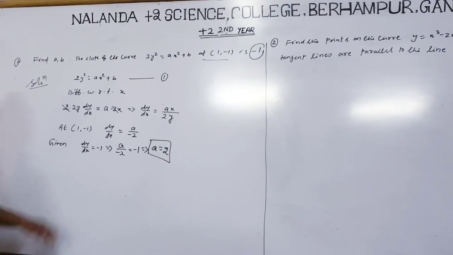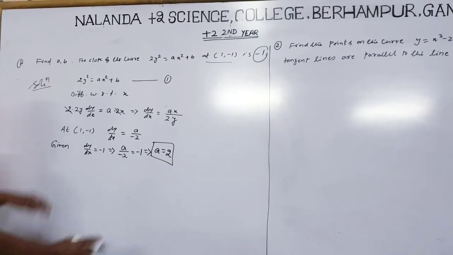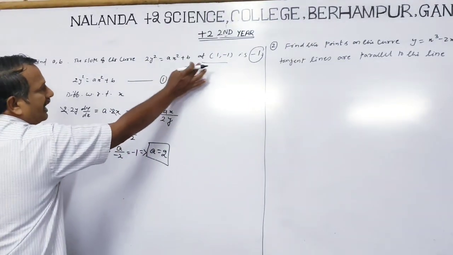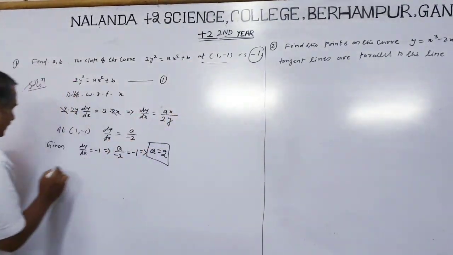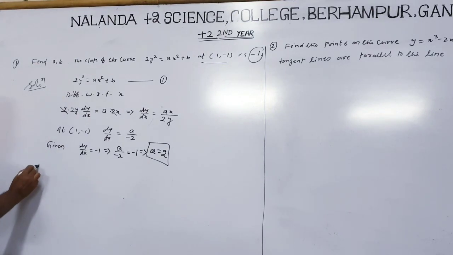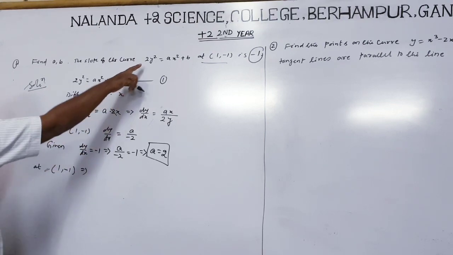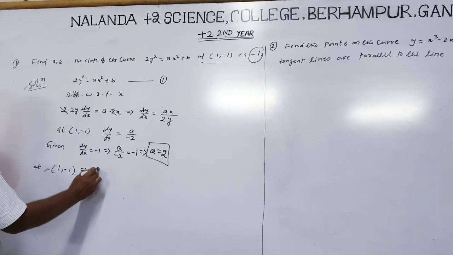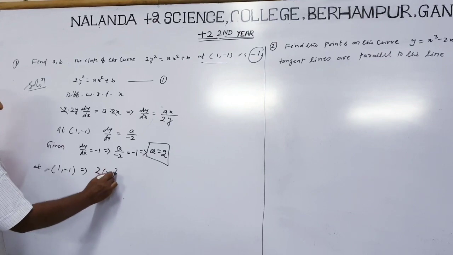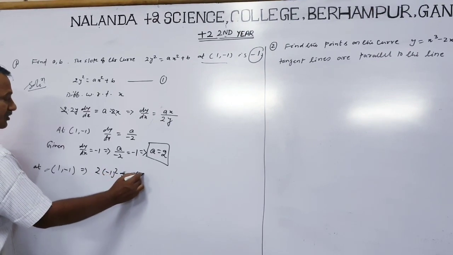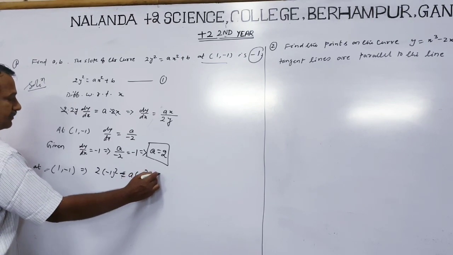Find the value of a and b. Now substitute a equal to 2. At x equal to 1 and y equal to -1, we get 2 times (-1) square equals a times 1 square plus b.